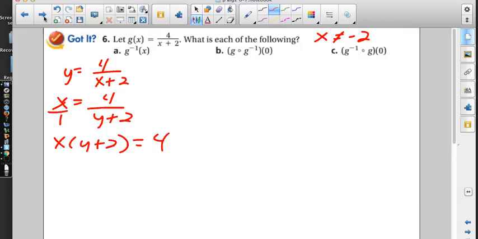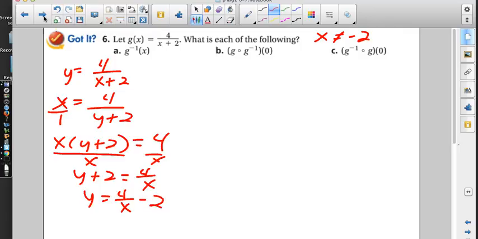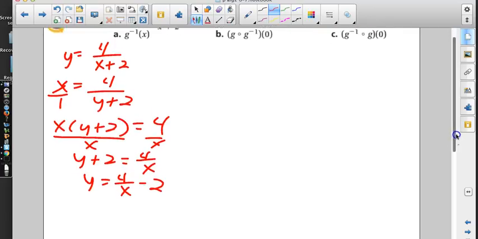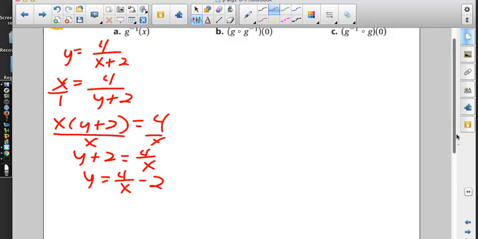Now, if you're wondering, because some of you I know work ahead, I watch you, I see what's going on. Well, I distributed the x. Is that going to be wrong? No, you're just going to have to do some division of the rest of this one. That's all. So we can divide by the x right now. And then subtract 2. And we want to write this as g inverse of x because that's what the problem said to do.